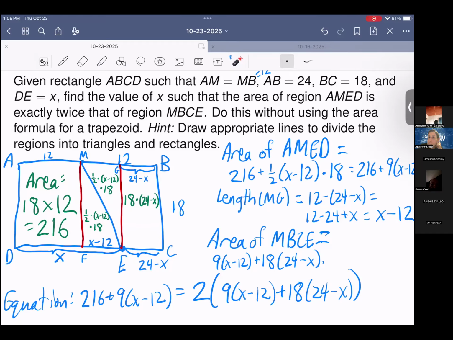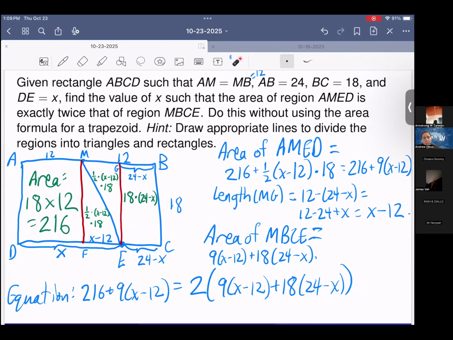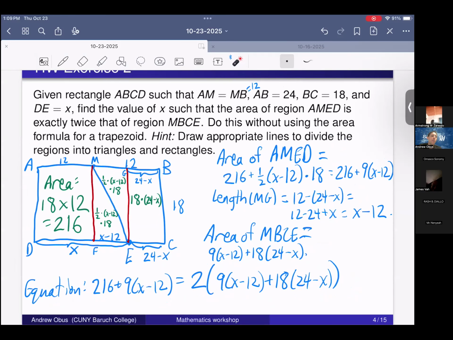But I think it's nice to just do the problem directly without anything clever, without any shortcuts, just doing exactly what the problem says. It says you want one region to have area twice as much as the other region. So you calculate both areas in terms of a variable, and then you solve for that variable. Okay? So any questions? Any questions about this homework problem? How we do this derivation?